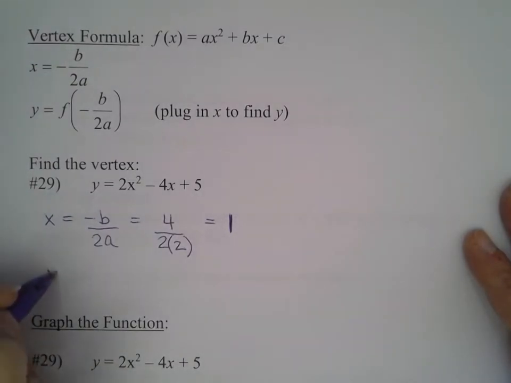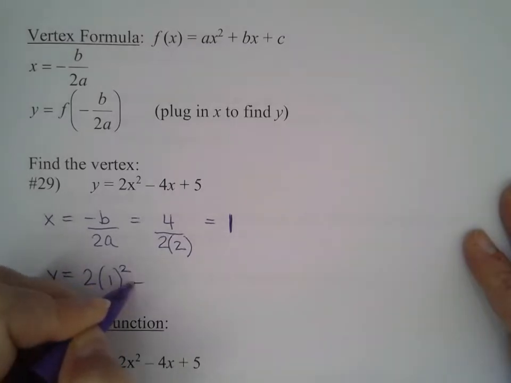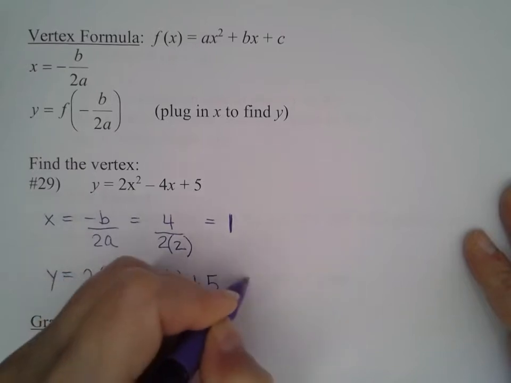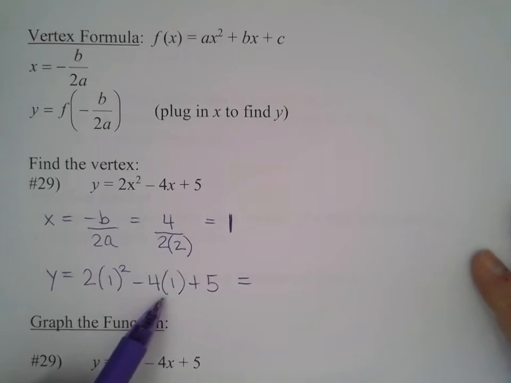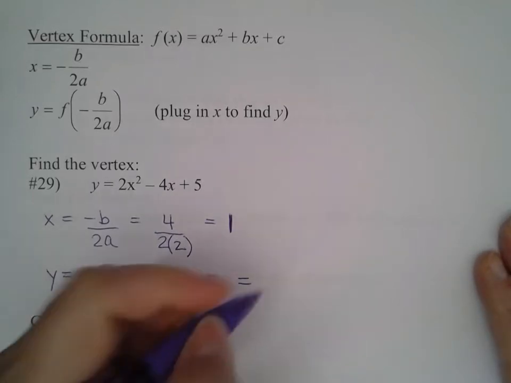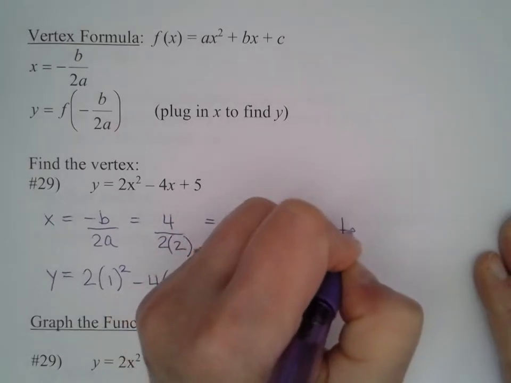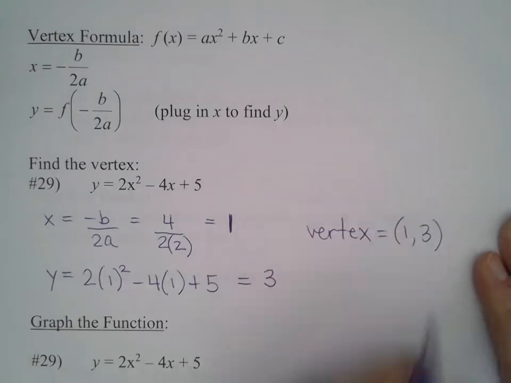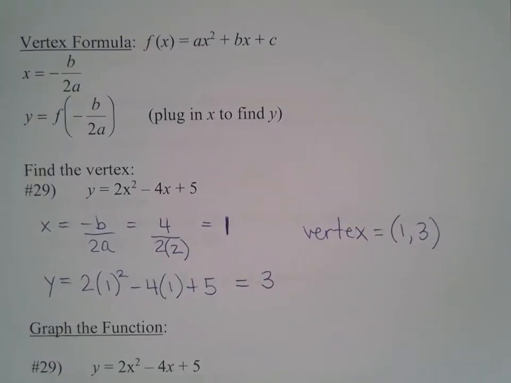And then if I take that 1 and plug it into my function, I'm going to have 2 minus 4, so -2 plus 5 would be 3. So my vertex is the point 1, 3. That definitely matches what we found in the previous method.